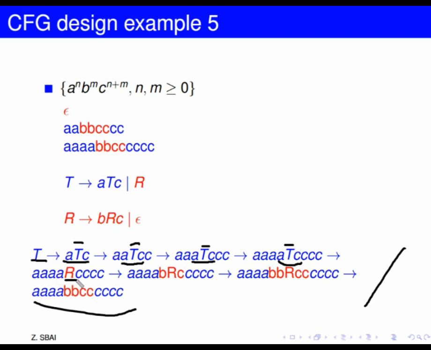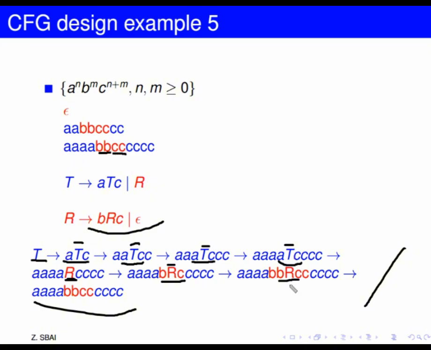Now for this R, we will follow the rules of R. So the first R will be substituted by bRc. The second one will be substituted, this R will be substituted again by bRc until we have all the needed B's and C's in the middle of the string.